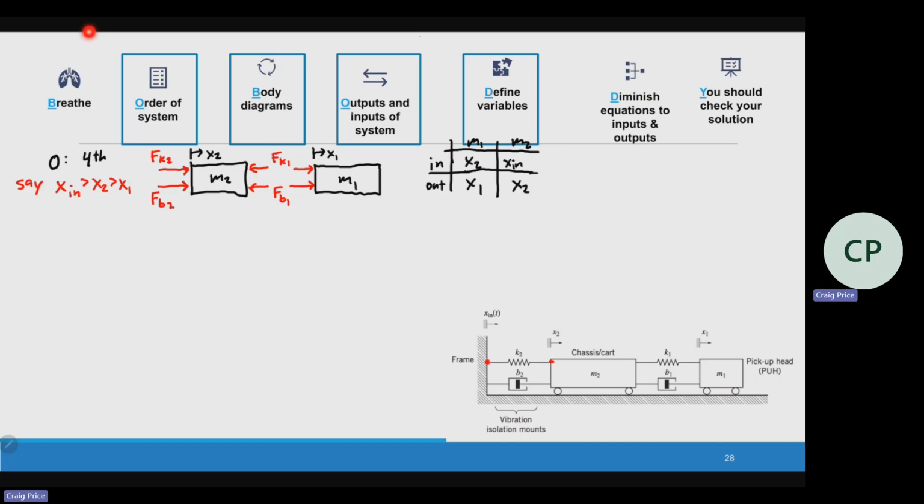That's pretty good, though it's not fully complete. We know that if I move X2, I'm going to get X1. If I move X in, I'm going to move X2, that chassis cart. Will that cart move based on any other input? The answer is yes. If for some reason that pickup head moves, that's also going to affect X2.